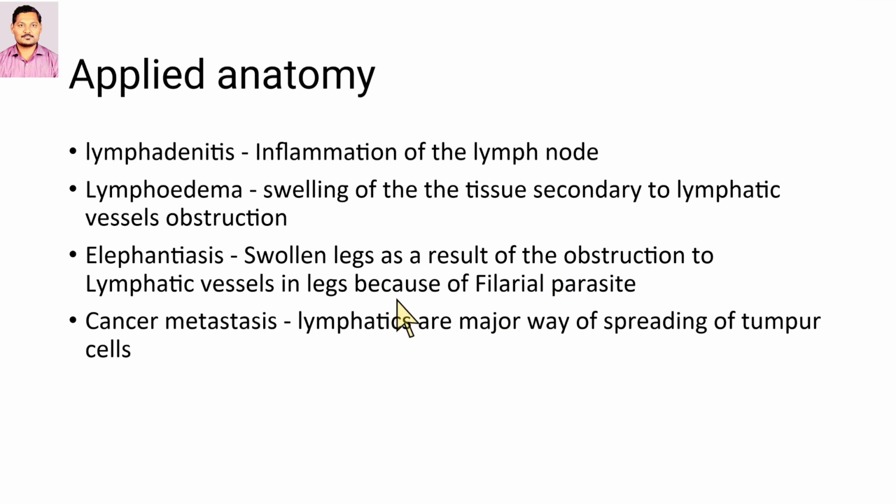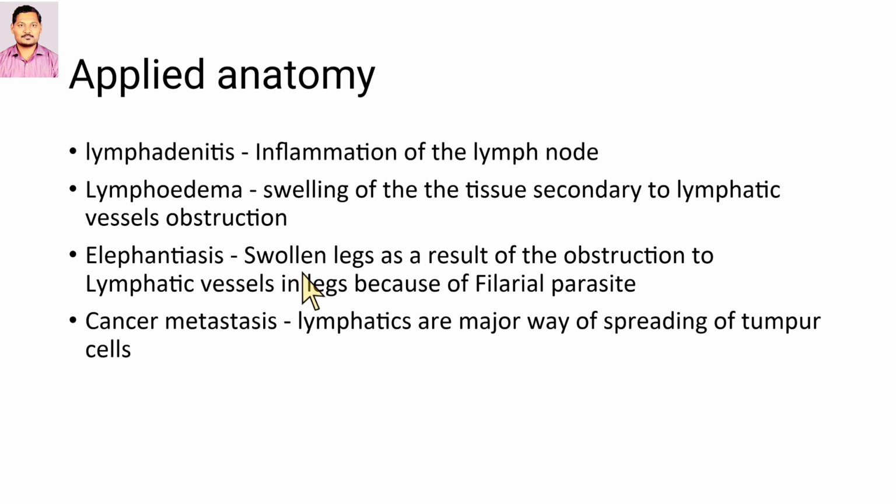And Wuchereria bancrofti is a filarial parasite. This is the most common invading agent, especially active at night. So elephantiasis is a disorder produced as the result of obstruction to the lymphatic vessel, and elephant-like swollen legs are there in this condition.